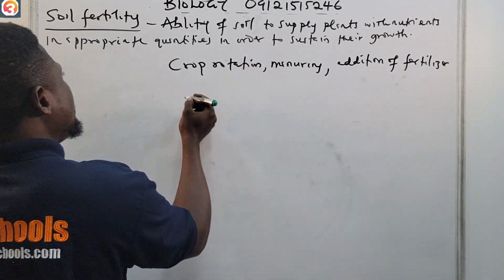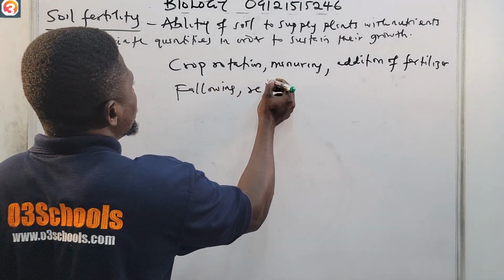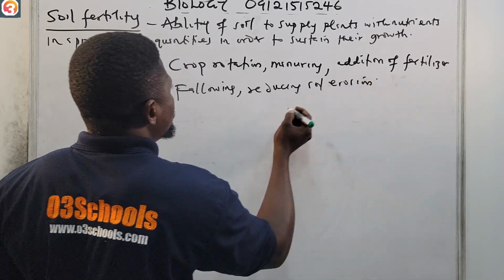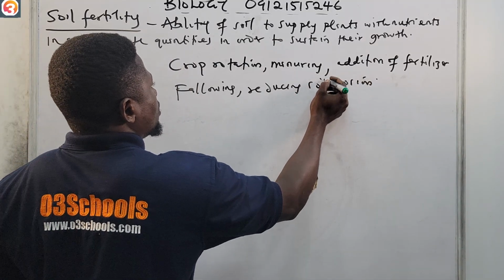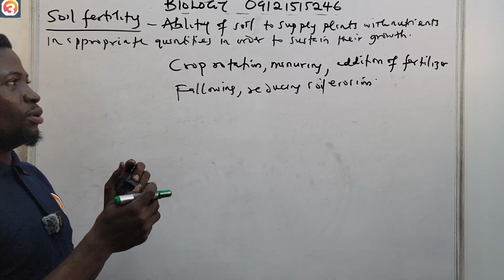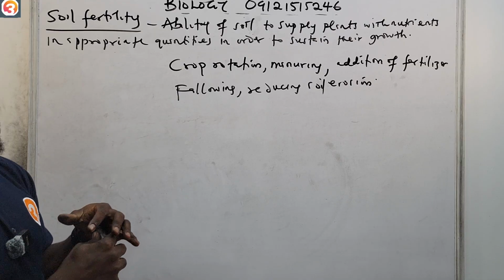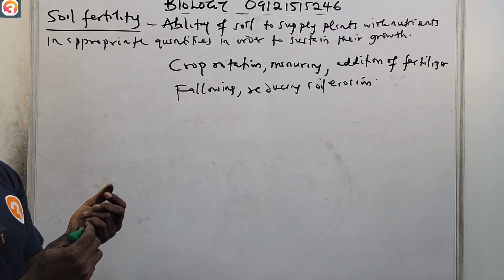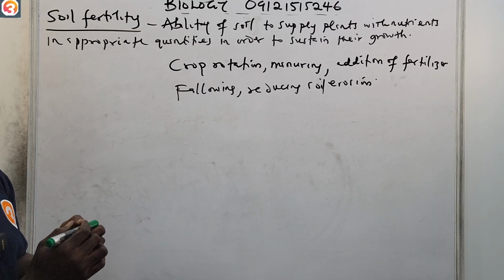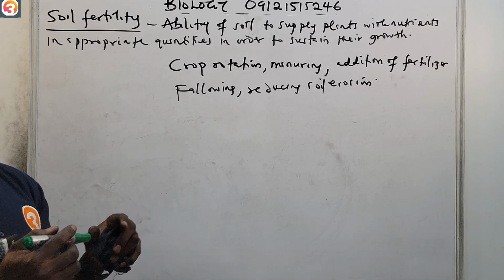We also have fallowing and reducing soil erosion. These are ways we can sustain soil fertility. Crop rotation is very, very important. Then number 2, manuring, then add fertilizer, then fallowing, and reducing soil erosion.